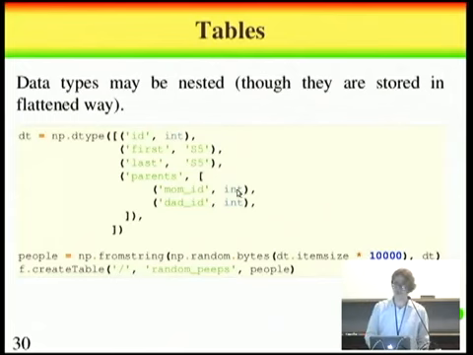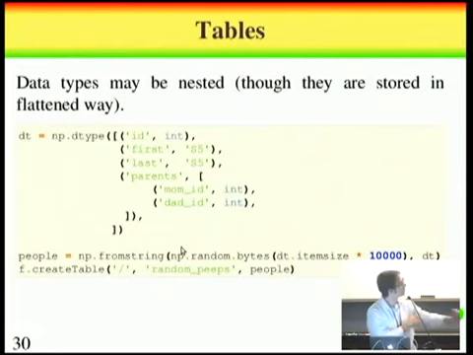These are just integers that go back to mom and dad, but they get stored in this other way. Here, if you were to run this command, you would be able to create a table of these people, and you would see that the data type gets nested.